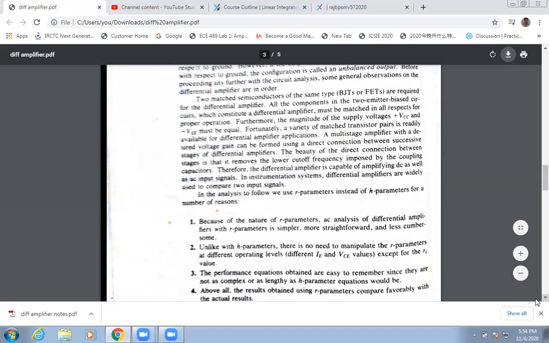The performance equations obtained are easy to remember since they are not as complex or as lengthy as H parameter equations would be. Above all, the results obtained using R parameter compare favorably with actual results, or we can say that we can compare the actual result with the result obtained using R parameter.